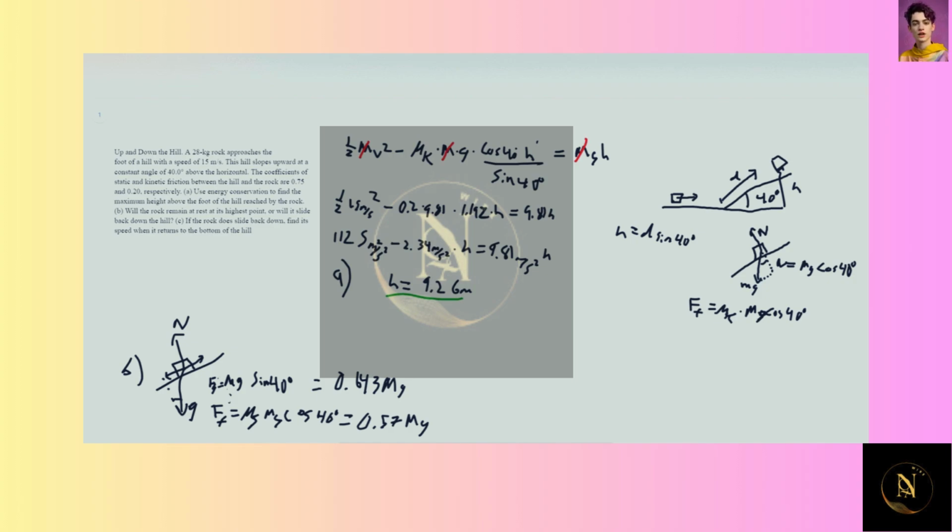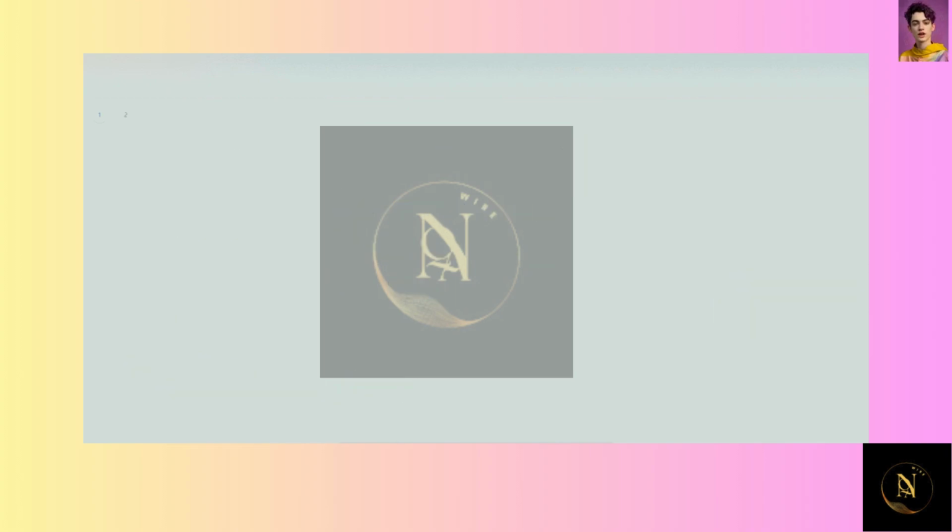Okay, then from there, it is straightforward to set this up again. I'm going to go to a new page, and I'm going to write down the initial potential energy when the block is up at the height at the top of the ramp. Then we need to subtract the amount of work done by friction as the block travels down the slope.